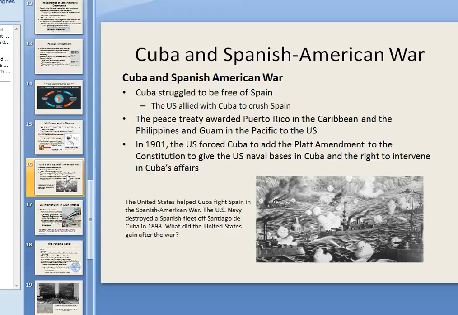So you basically don't get help for free, I guess, is the moral of the story. The United States helped Cuba fight Spain in the Spanish-American War, and then it expected something back.